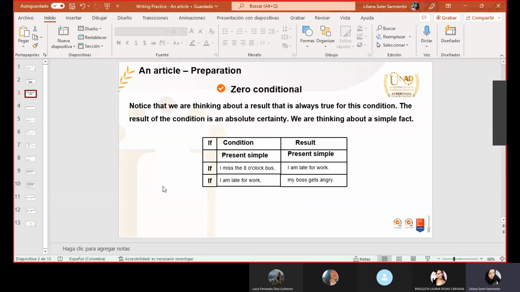Another example: if I am late for work, my boss gets angry. The first part is the condition. The result is my boss gets angry.